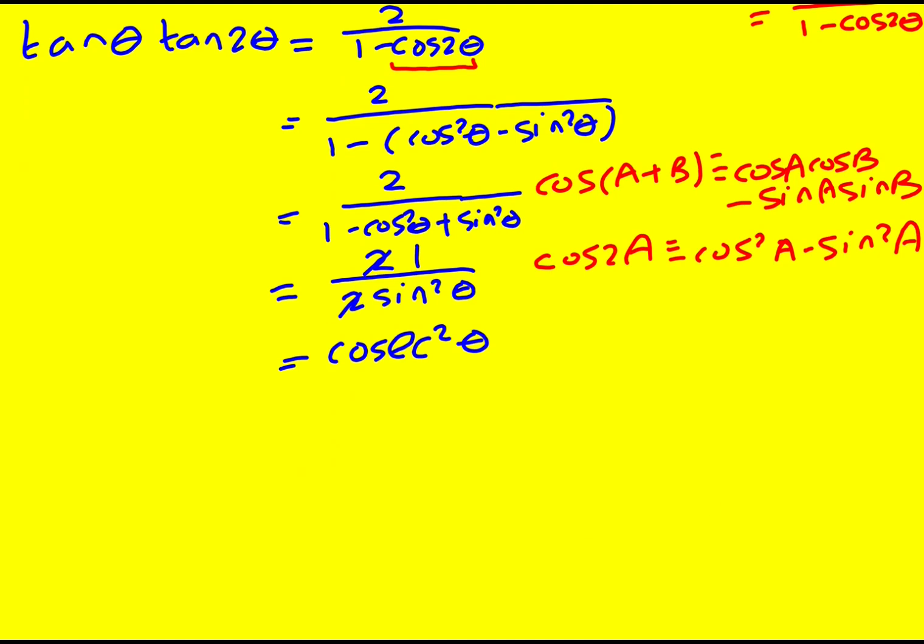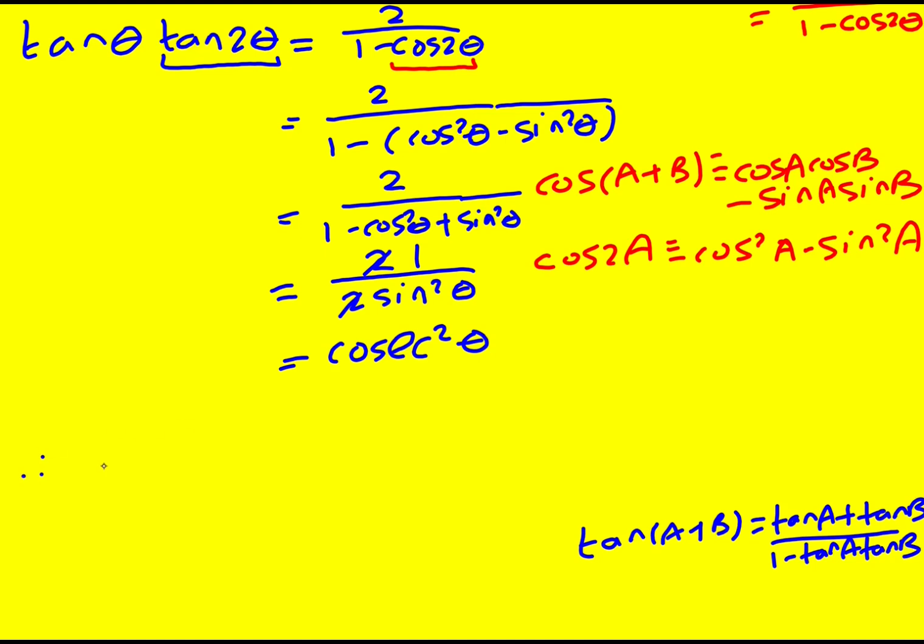I'm going to do a couple of things at this point. First of all, I'm going to expand tan 2 theta using the double angle formula for tan. So tan A plus B is tan A plus tan B over 1 minus tan A tan B. So therefore tan 2A is 2 tan A over 1 minus tan squared A. It's worth just knowing that, to be honest, but we've derived it.